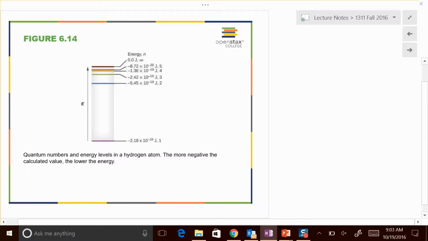Here, this color is purple, that's negative 2.18 times 10 to the negative 18 joules of energy for one single electron. A whole mole of electrons would be a bigger number than that, but that's what this is measuring.